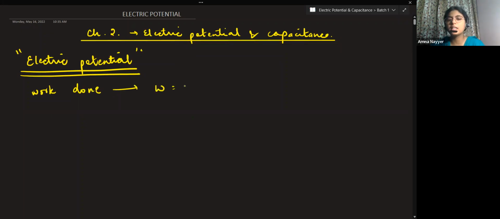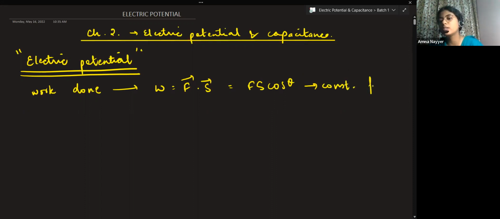Like work done is the dot product of force and displacement. So whenever you're taking the dot product, take the magnitude of the first one, take the magnitude of the second one, and add the cos theta. This is valid for when? This is valid for a constant force.